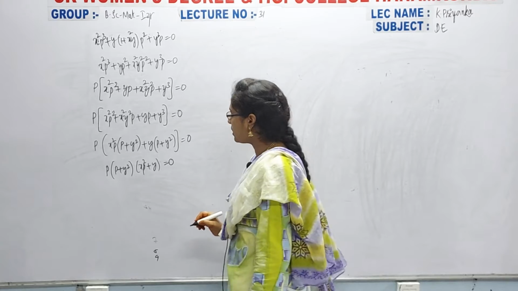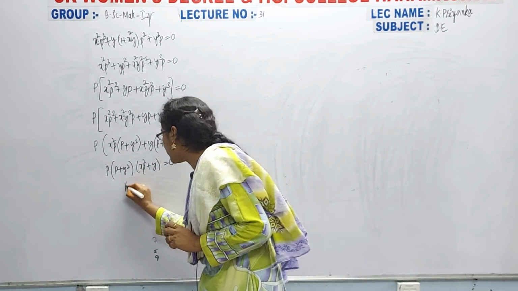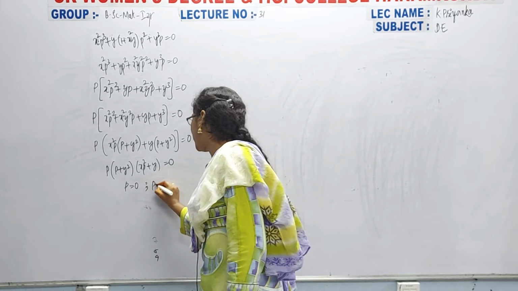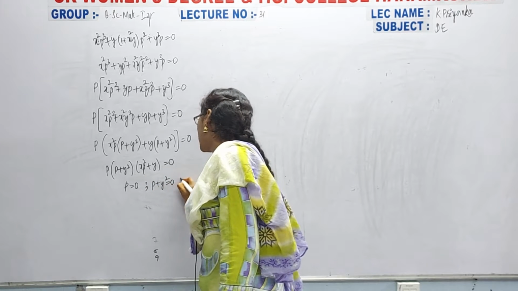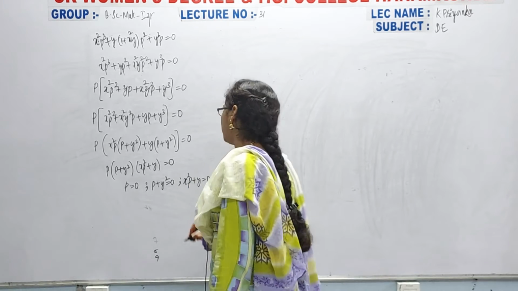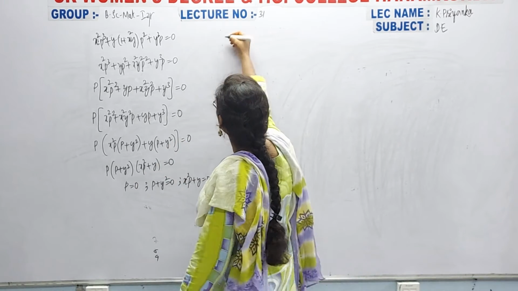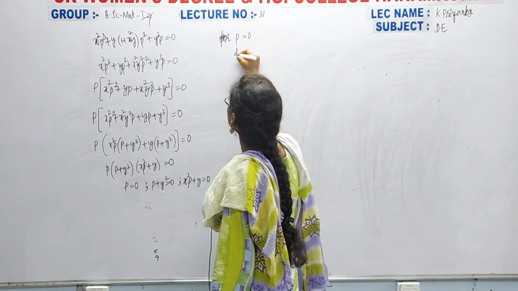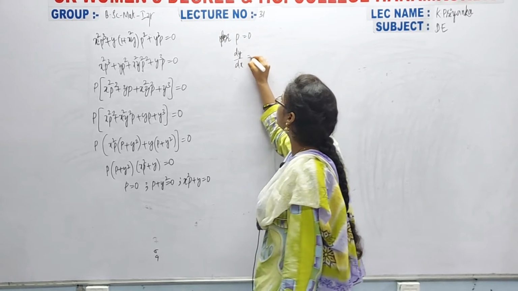Yes. So now here we have 3 cases. One is p is equal to 0, right? And another one is p plus y square equal to 0, and another one is x square p plus y equal to 0. Okay, so p equal to 0 means, now for p equal to 0, that means dy by dx is equal to 0.